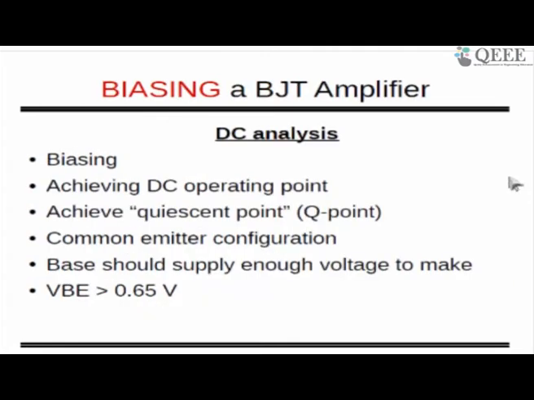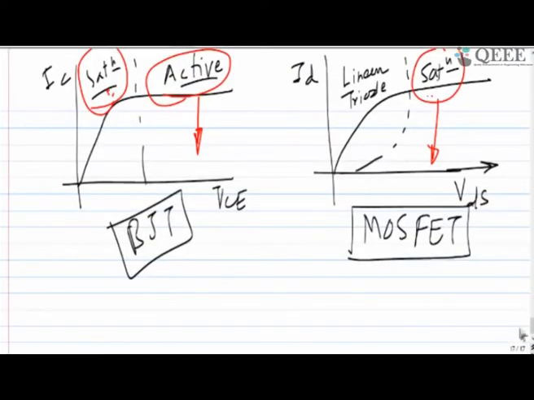Okay, so what we want to do, we want to bias it, we want to achieve the DC operating point, and in some places it's known as the quiescent point or the Q point. I am going to use the common emitter configuration, and you must have seen this common emitter configuration.